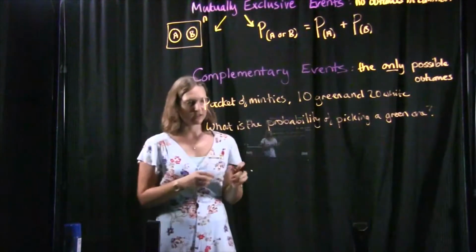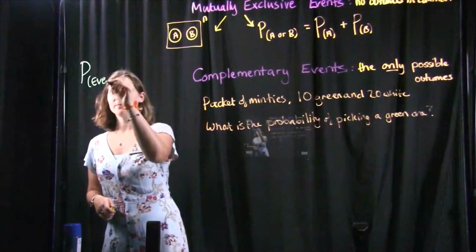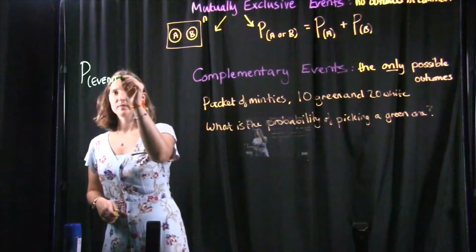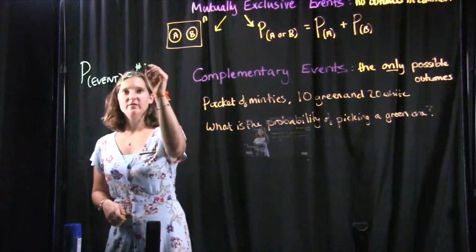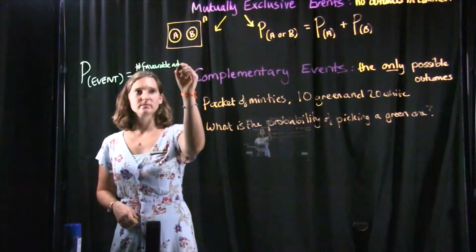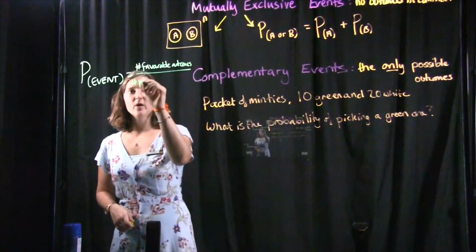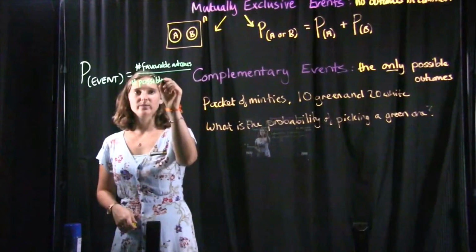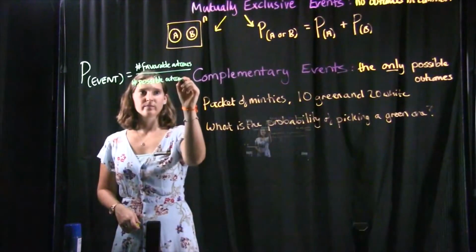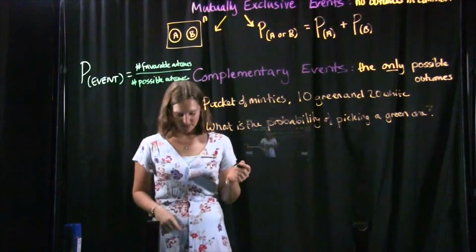Now the first one we can do, so remember your equation, we've got P event is equal to the number of favourable outcomes over the number of possible outcomes. So for our question, we're going to have to adapt that equation.